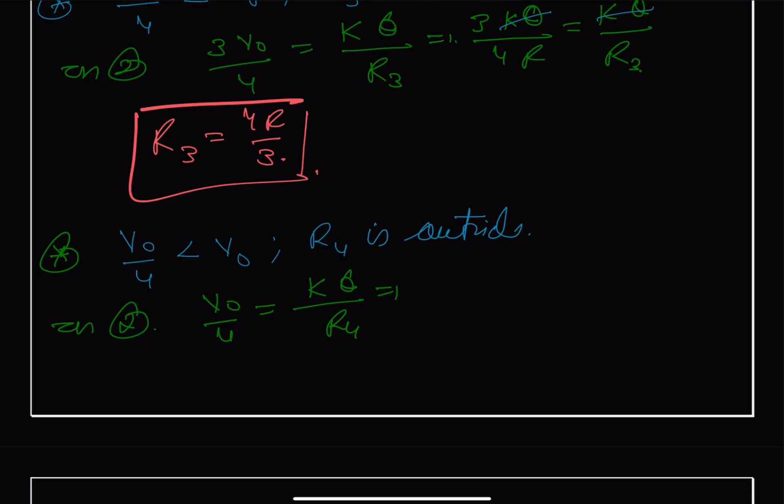Substituting V0, this is 1 upon 4 KQ upon R is equal to KQ upon R4. KQ cancels out, so we get R4 is equal to 4 times R.